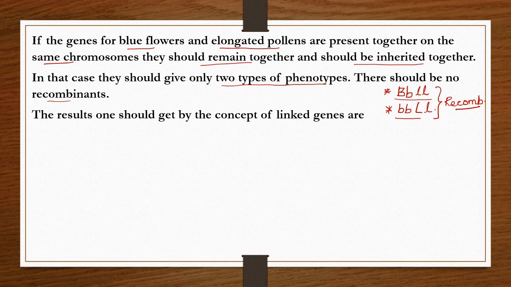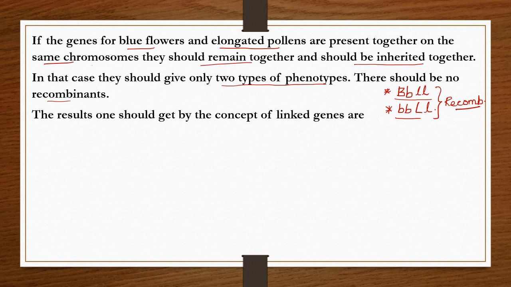But in this linkage concept, the genes for blue flowers and elongated pollens are present on the same chromosome, so they should remain together and be inherited together. That means there is no crossing over during meiosis. As a result, only two types of phenotypes are formed.